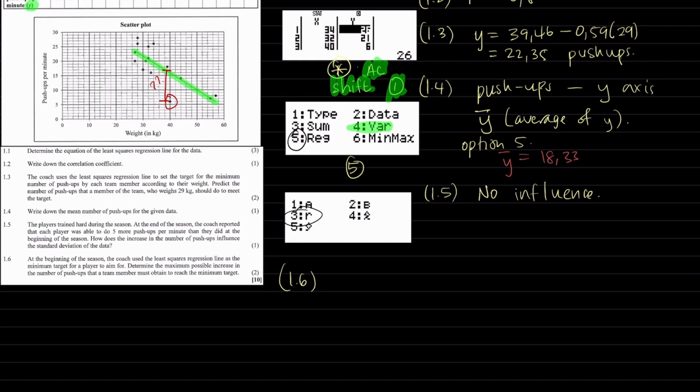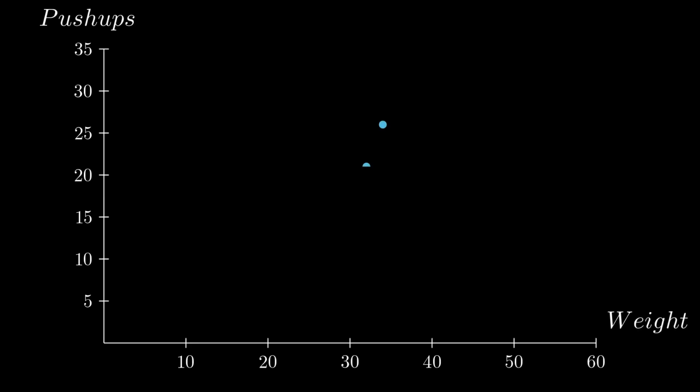So this person is 40 kilograms, and that is 6 push-ups. So we substitute the 40 into the least square regression line. Y is equal to 39.46 minus 0.59 times 40.